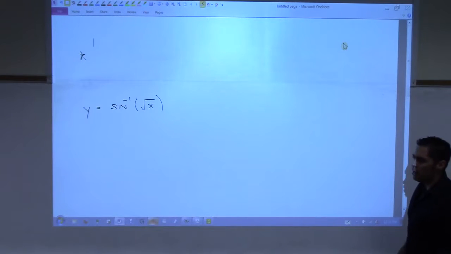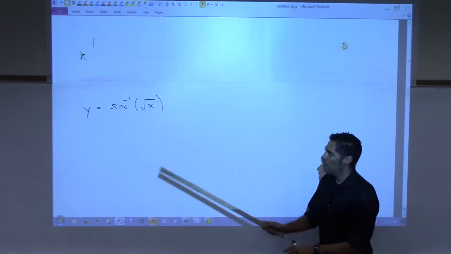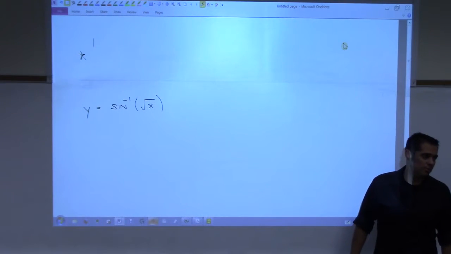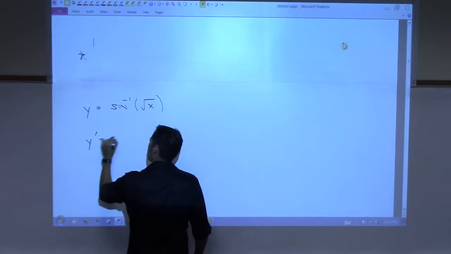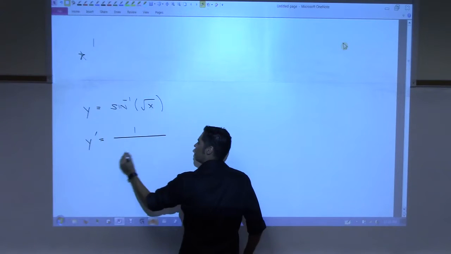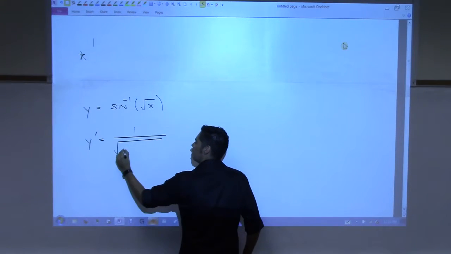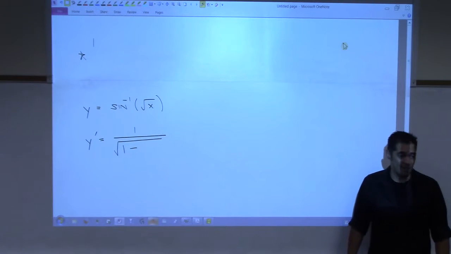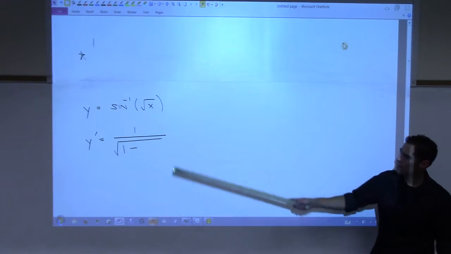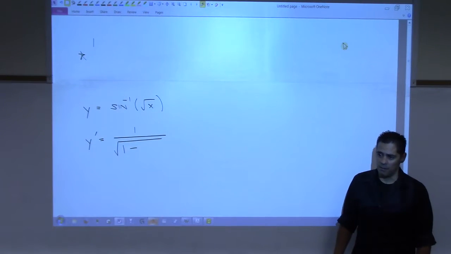The derivative of arc sine of something should be 1 over the square root of 1 minus x squared. But is it x that we're plugging in? It's root x that's being plugged in. This is chain rule.